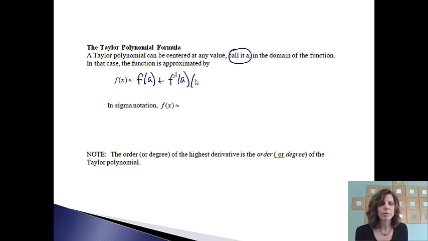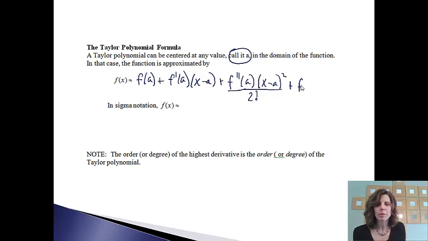And remember it said x, but now since we're centering it at a, we're going to put x minus a, and then plus the second derivative at a, x minus a squared, still over 2 factorial. And then plus f triple prime of a, x minus a cubed, all over 3 factorial. And then we could keep going.